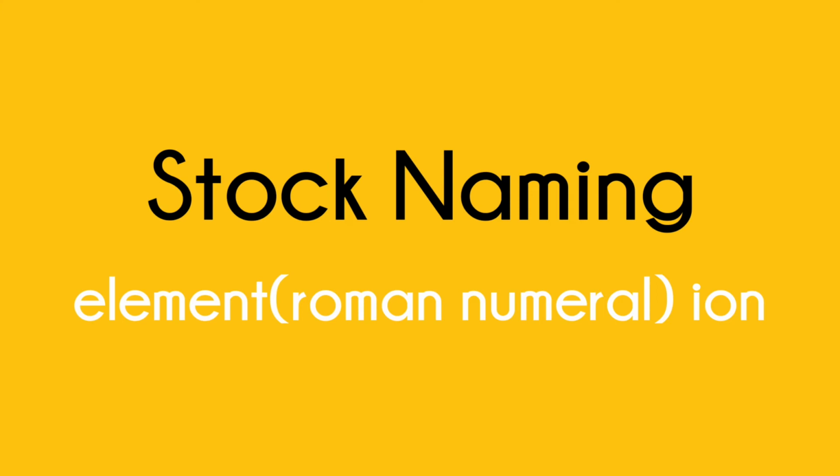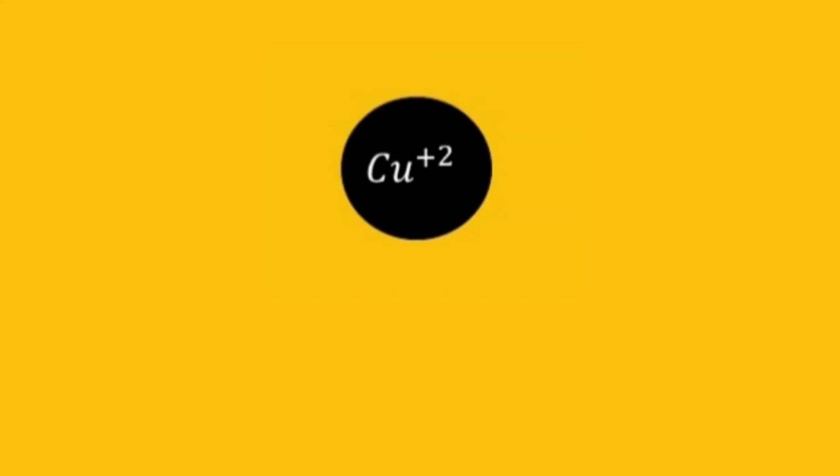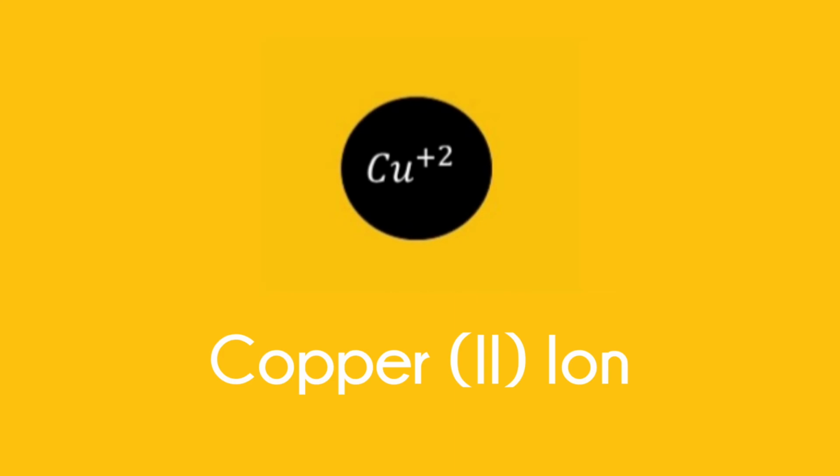The new naming for these special elements is what we call the stock naming, where we retain the name of the special element and include its charge number, then the word ion. So for copper, the one with positive 1 charge, its stock name is copper 1 ion, and the copper with positive 2 charge, its stock name is copper 2 ion.